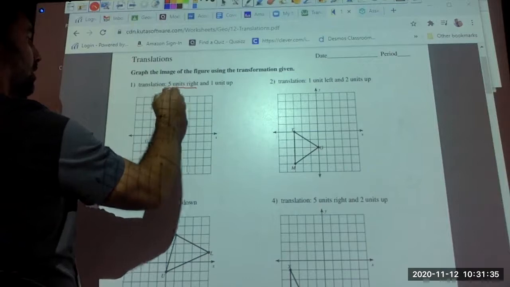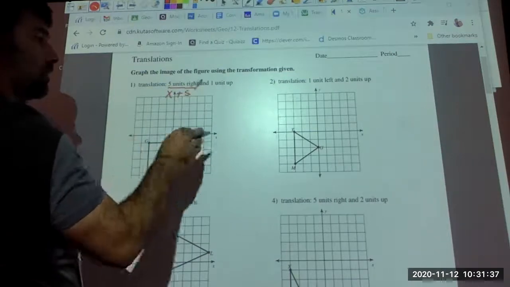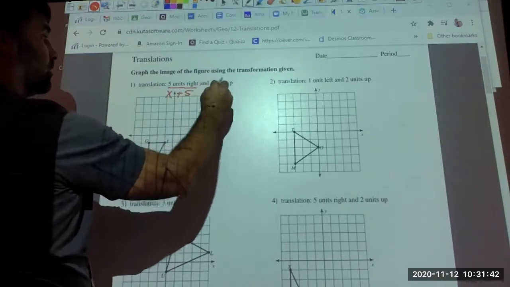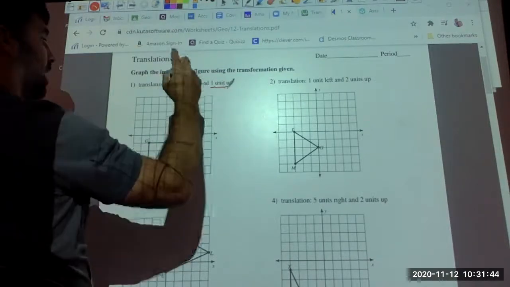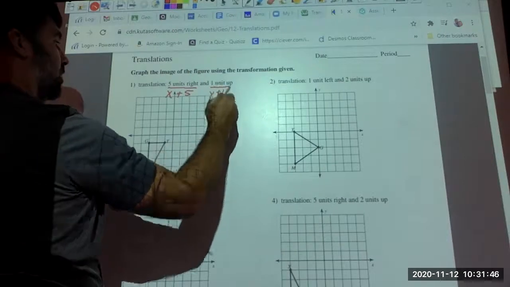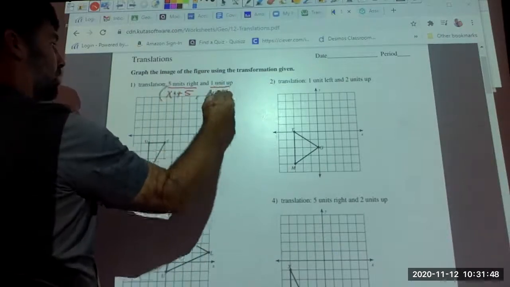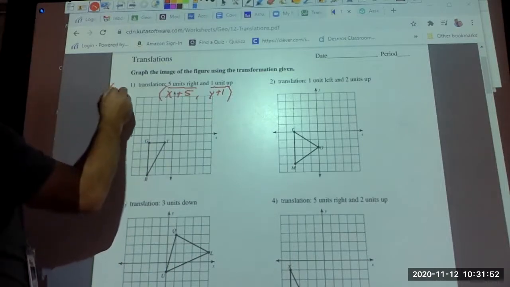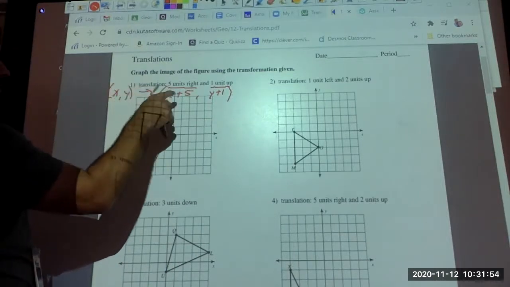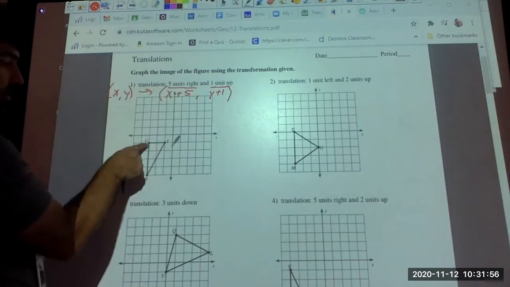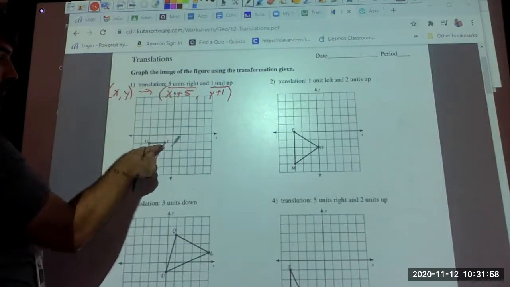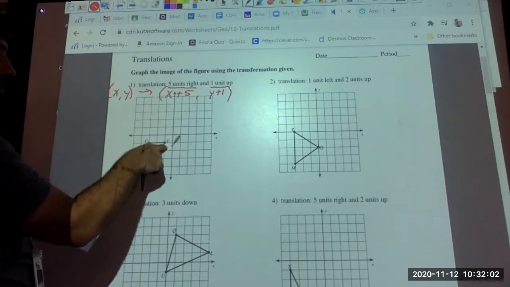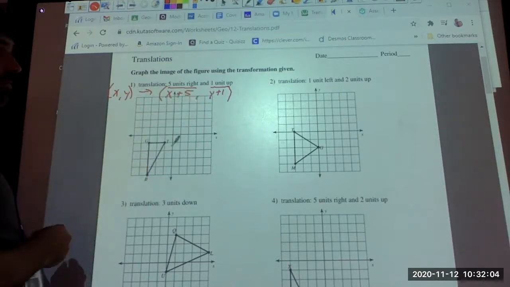So 5 units to the right means x plus 5, x-axis left and right. It says up 1, and up 1, that's y-axis, that's y plus 1. That is the coordinate notation. So I'll take every xy and do that to it. So xy, like in this case, T is -1, -1. I'm going to add 5 to -1. I'm going to add 1 to y, -1.